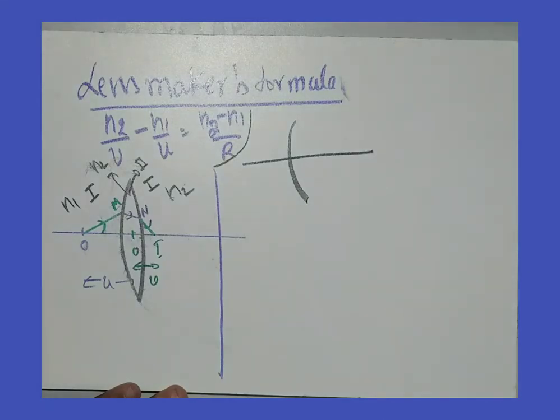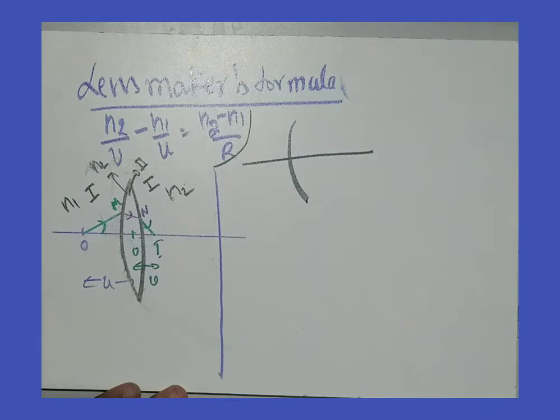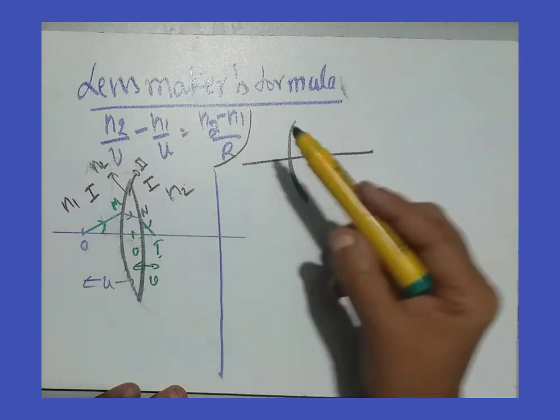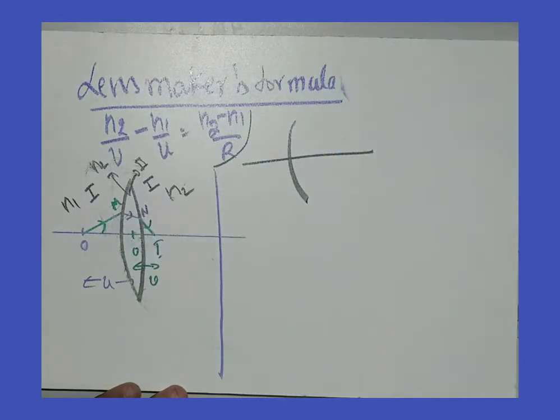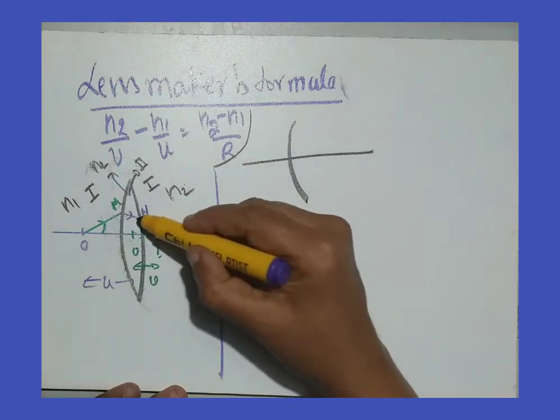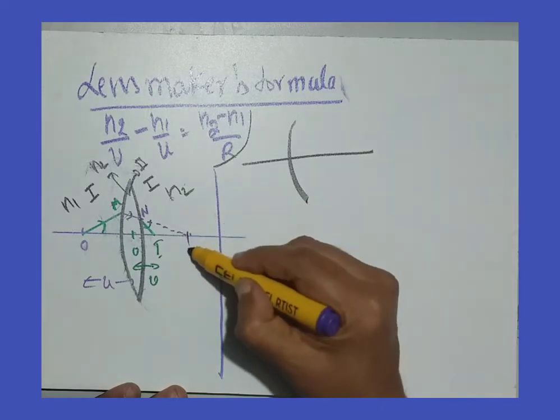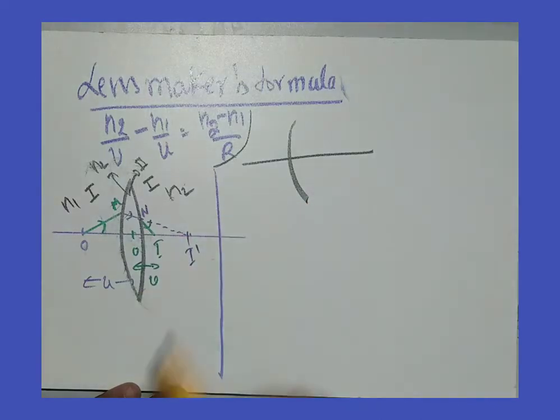If there is only the one surface, the refraction takes place at M and it tries to form an image. Say we extend this because refraction at N will not be there and it forms an image I dash in the medium n2. That we write separately now.